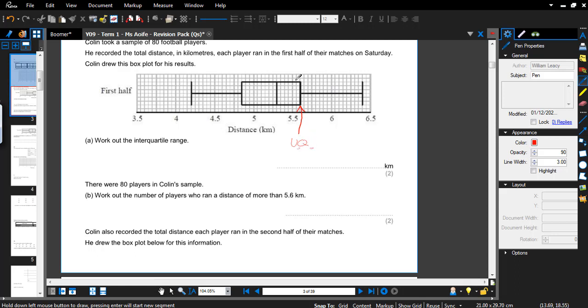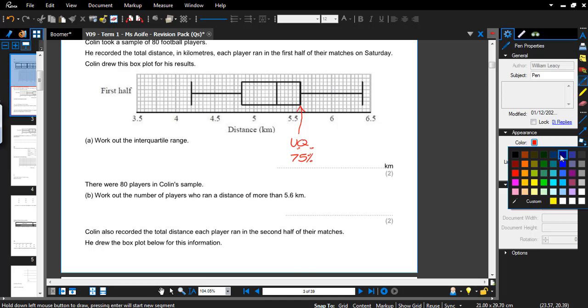Now, the upper quartile represents what percent? It is the 75th percentile, because it's 3/4. So 3/4 of the data, or 75% of the data, is below the upper quartile. So how much is above it? 25%.